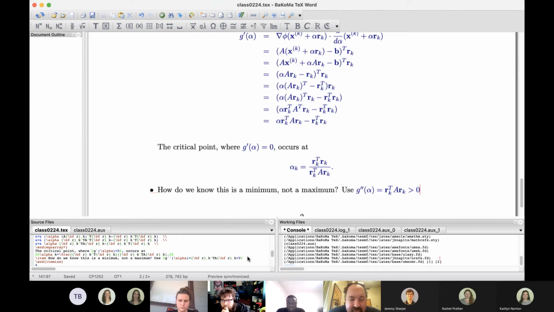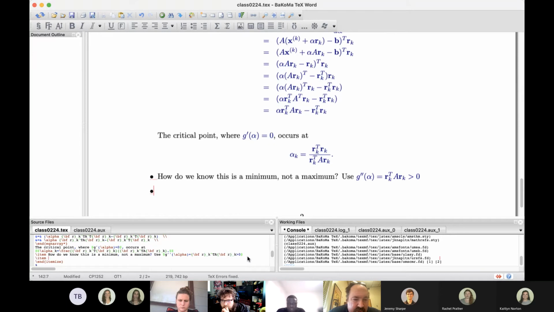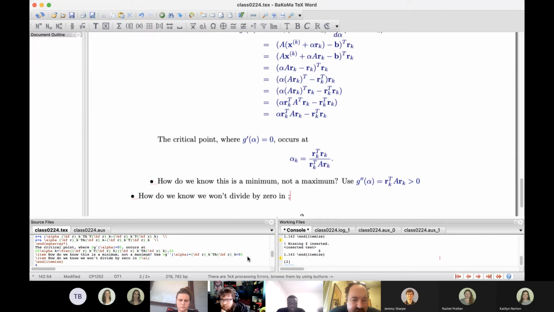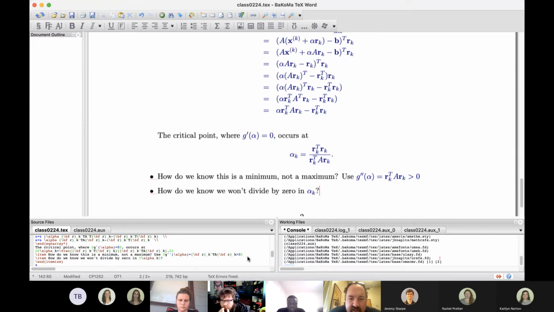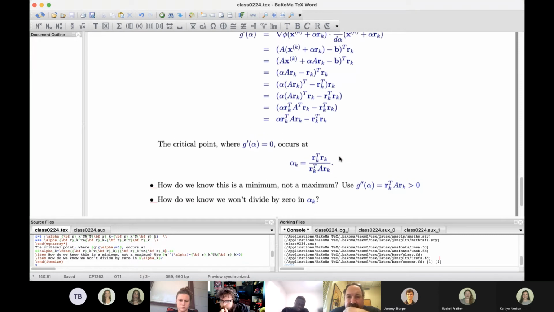And the other thing I want to point out is alpha k is a fraction. How do we know we won't divide by 0? Well, that's the same thing. We know that the denominator here is going to be positive, so there's no need to worry about that. Okay.